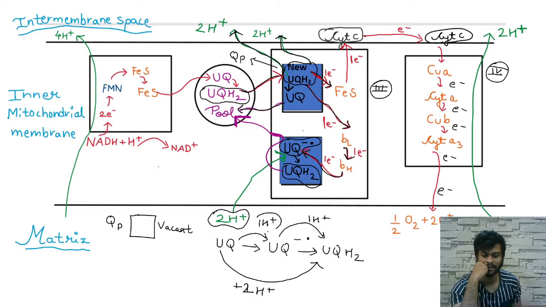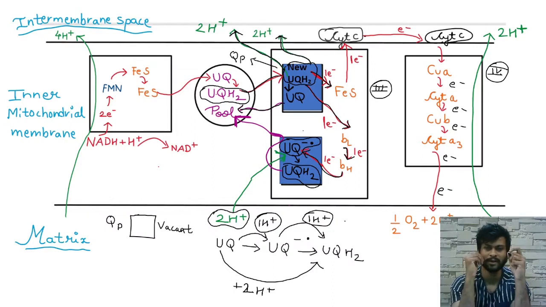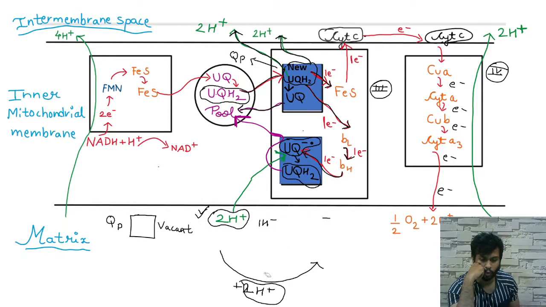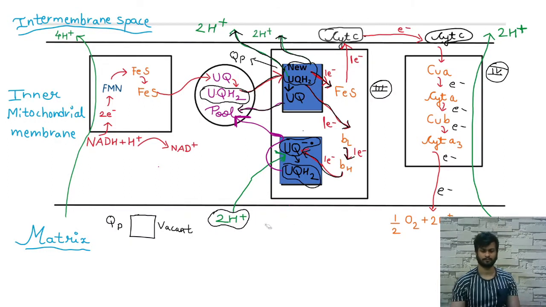So instead of gradually showing this, which will create much confusion, instead of showing 1 and 1 H plus ion, I have directly shown 2 H plus ions here. So UQ, or ubiquinone, will accept 2 H plus ions from the matrix, and it will get converted into UQH2.